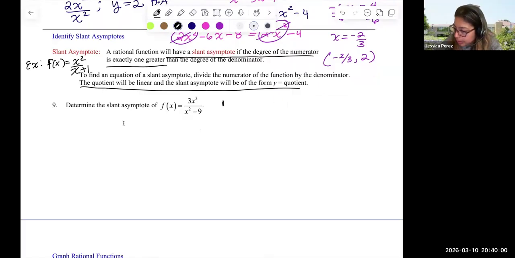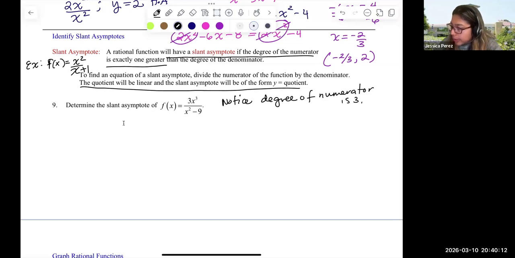So notice here the degree of the numerator is 3, and the degree of the denominator is 2. So that's exactly 1 greater than the degree of the denominator.